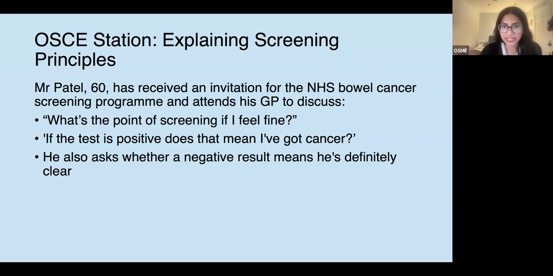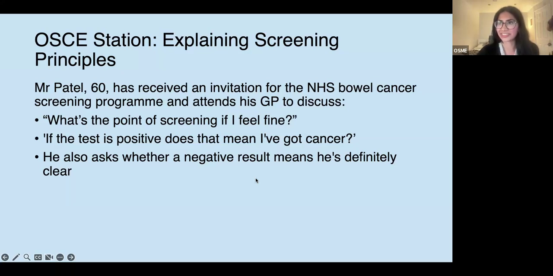And so at this stage, you can safety net him. If he has a negative result, and he develops a change in bowel habit, bloating, unexplained weight loss, or unexplained blood in the stool, then he needs to present earlier than his next screening appointment. Does that make sense? So just addressing each of his concerns in turn.